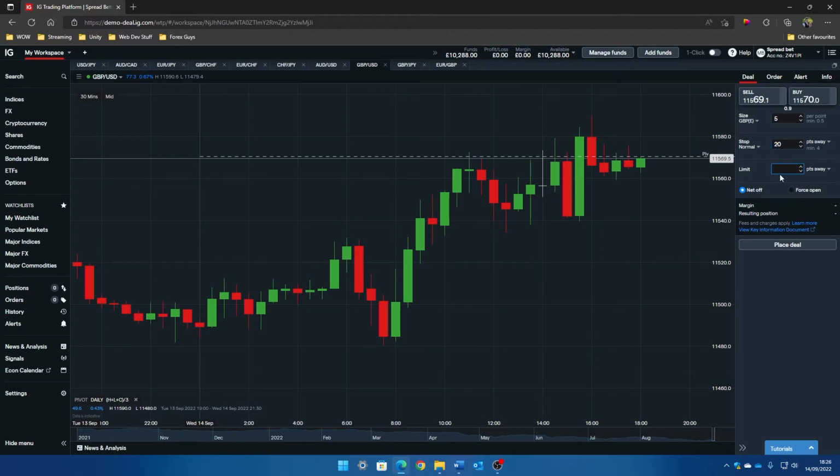The limit is when the trade goes in your direction. You set how many points you want the trade to move before it actually stops the trade and cashes you out. In this case, for simplicity, I'm making it 20 as well. So that would be 5 times 20. You'd make 100 or lose 100. You'll notice there are two prices.